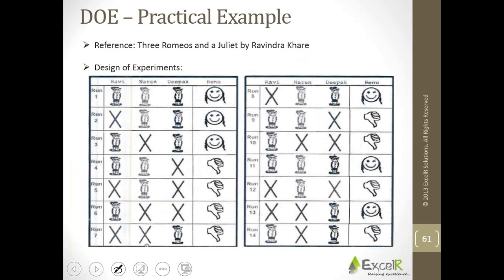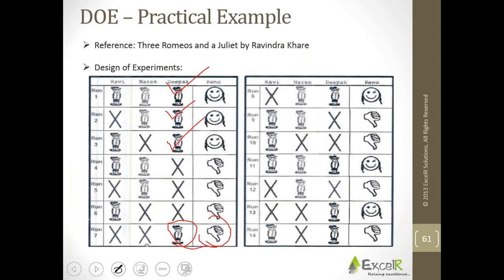But in design of experiment, what do you do? You run multiple runs to actually figure out who she really likes. When is she winking? We have Deepak here, she is winking. Here also we have Deepak, but she is not winking. But sometimes accidentally, she might not have winked.